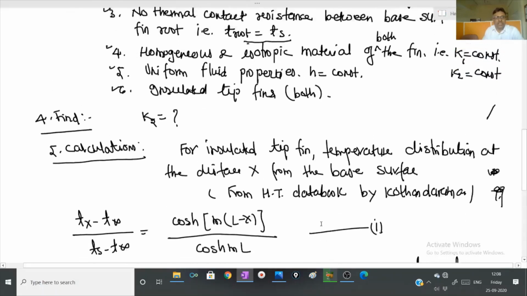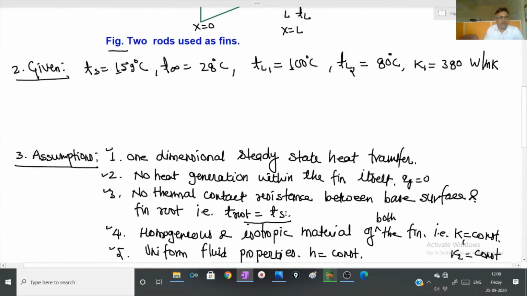One more thing I can mention here, for the sake of more clarity: the diameters of both the fins are the same and the lengths are also the same.